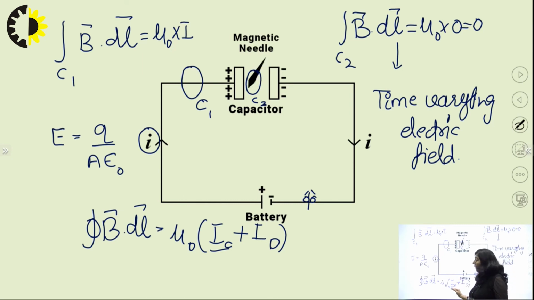So magnetic field in a circuit is because of two factors. One is moving charges and the second one is ID, or you can say displacement current, and that displacement current is because of time varying electric field.